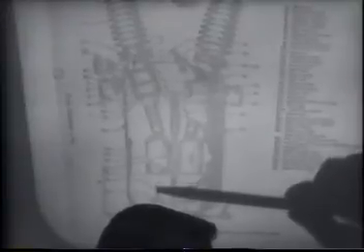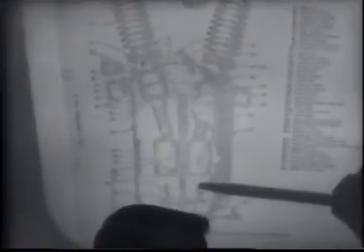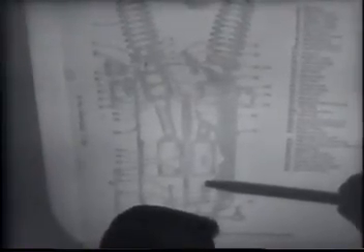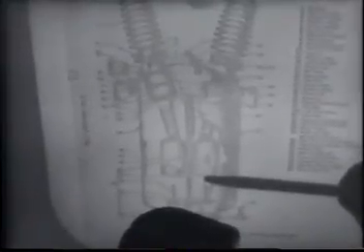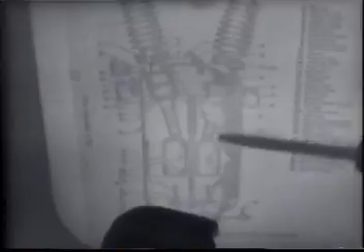This happens to be one of the contacts there. As you can see, we have a current path over here and another contact here. So on this particular type of circuit breaker, we have 2 breaks in series. And then on the other side of the circuit breaker, we have the same type of arrangement with the interrupter mechanism and the bushing. All of this is encased in oil inside the metal tank shown there.